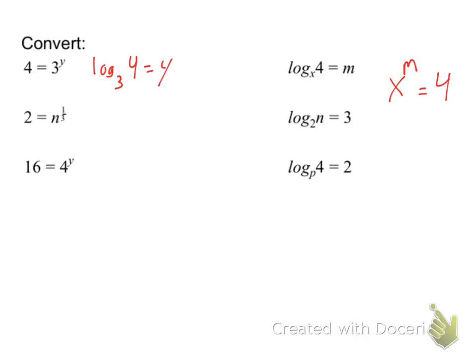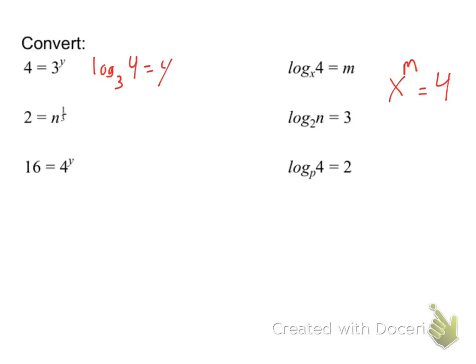I think that's a little bit easier. X to the power of m is equal to 4. And notice that when we went here, 3 to the y is equal to 4. And that's how we switch there. That is n to the 1/3 power right here.